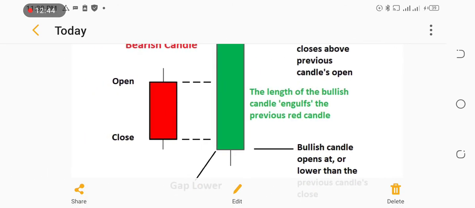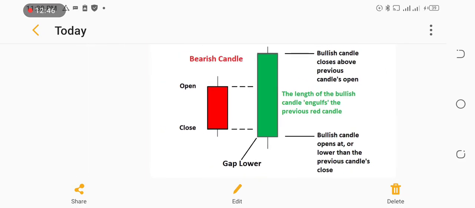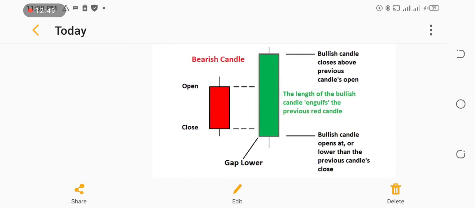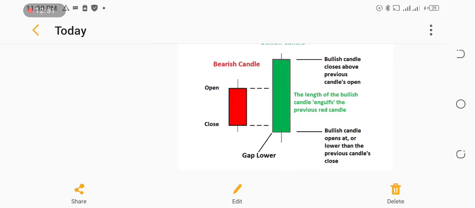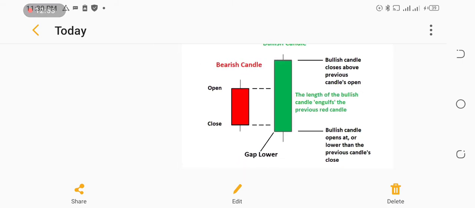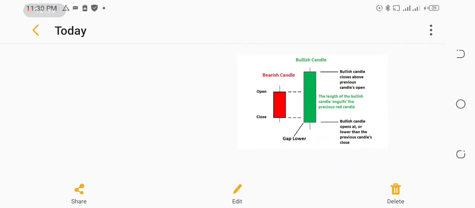Now let me move to the next one. The next one we're having here is the bullish engulfing candle. Very important. This is one of the candlesticks that are also important in the market if you can spot them. What is an engulfing candle? It's just trying to tell you that the bullish candle is supposed to be bigger than the bearish candle.